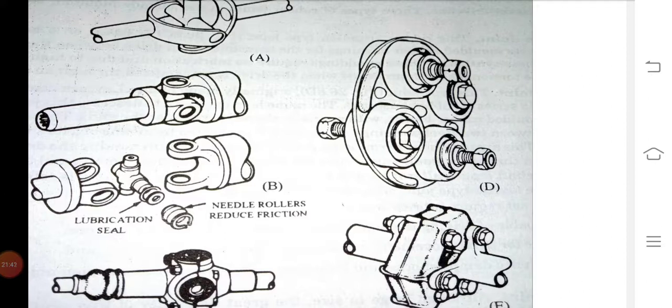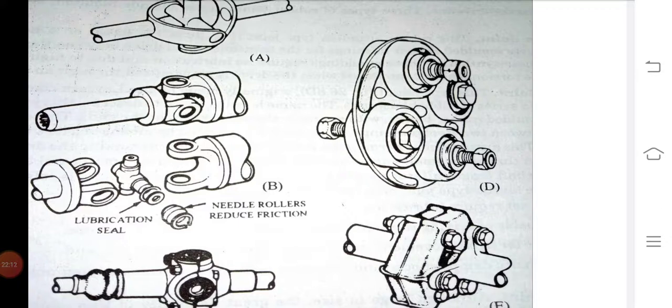This layrub type of joint offers several advantages over the cross type universal joint: it doesn't require any lubrication. In the case of the cross type, we have to use lubrication oil.